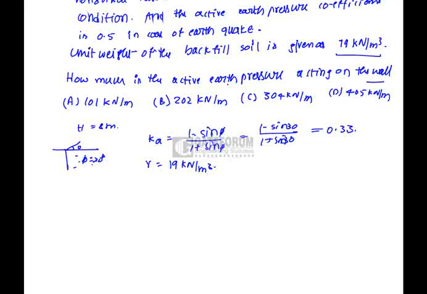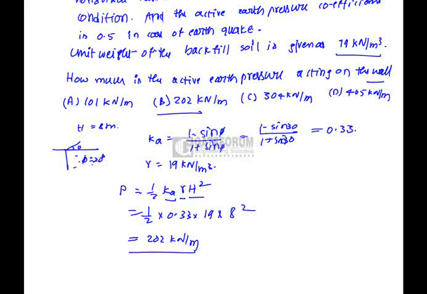So the active earth pressure acting on the wall is P equal to half Ka gamma H squared. We know Ka, gamma and H, so we can directly calculate: 0.33 into 19 into 8 squared, equal to 202 kilonewton per meter. So option B is correct.